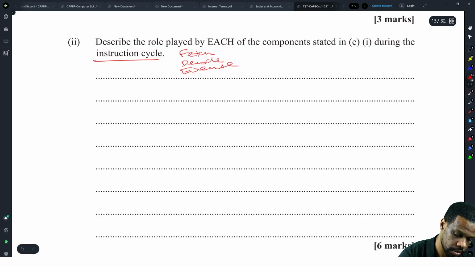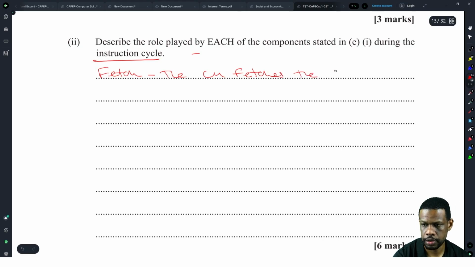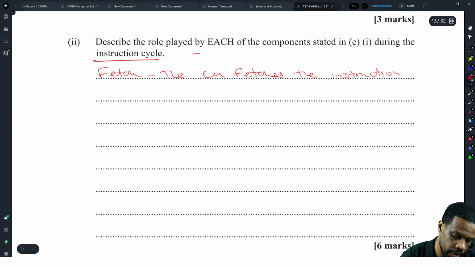So let's go piece by piece. Fetch. The CU fetches the instruction from memory and decodes the opcode and operands.